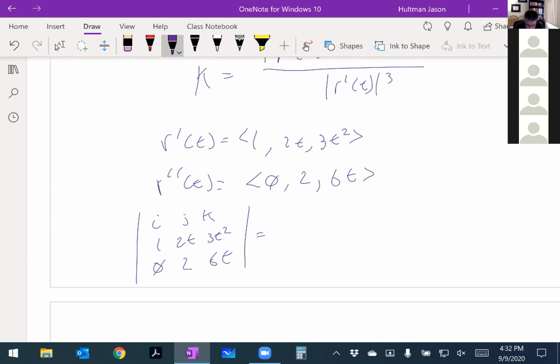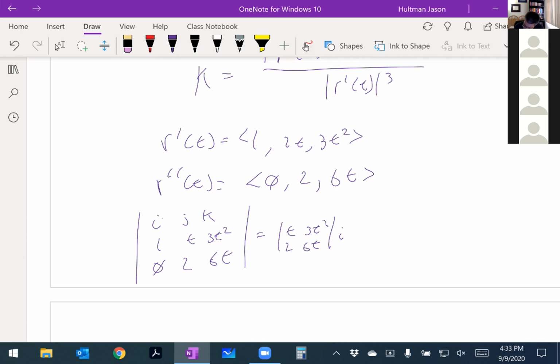Let's find the determinant of this thing. So I'm going to cross off this row, the first column in the first row. We get 2t, 3t squared, 2 and 6t, i.